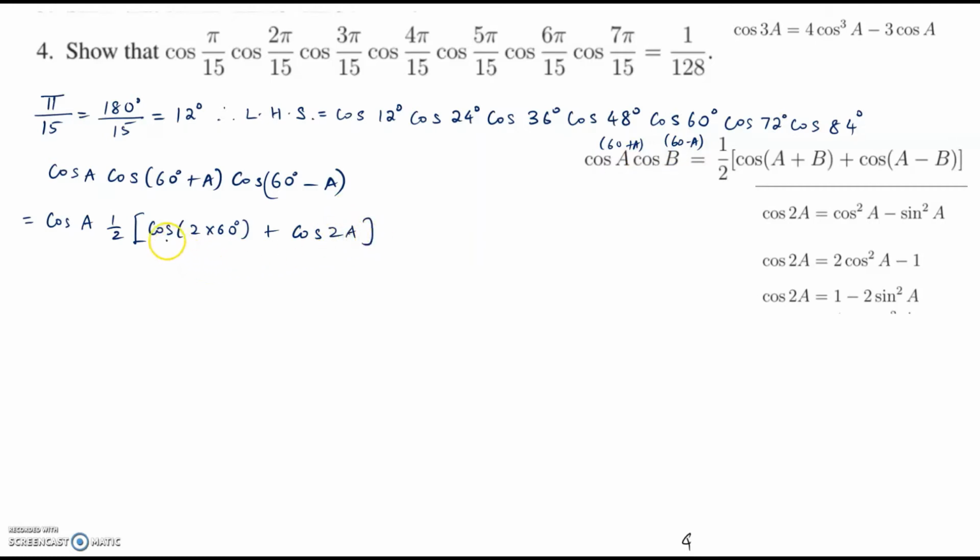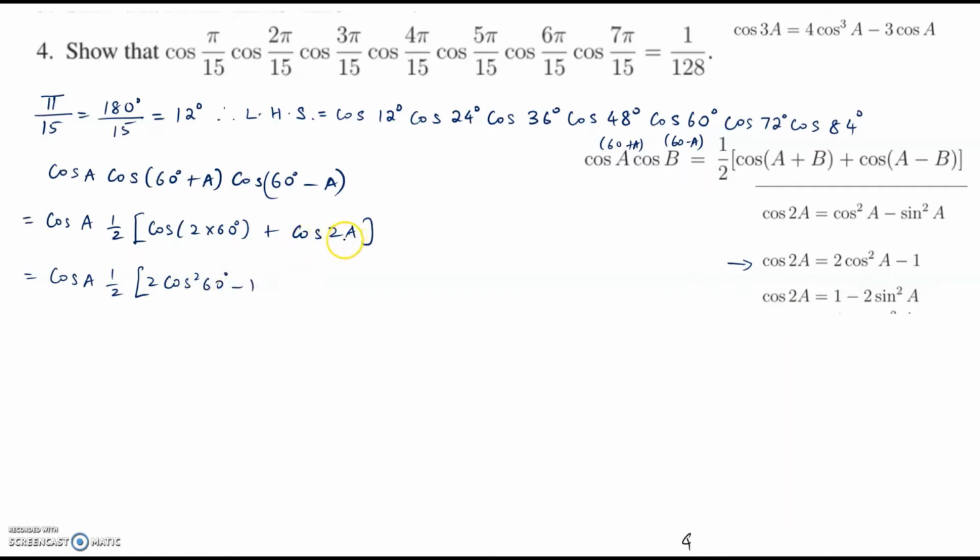Now, for the first term, cos 2 times 60 degrees, let us use this expression here. So, cos A times 1 by 2, instead of cos 2 times 60 degrees, let A be 60 degrees. So this becomes 2 times cos squared 60 degrees minus 1.